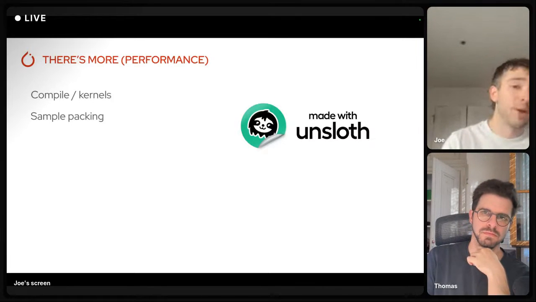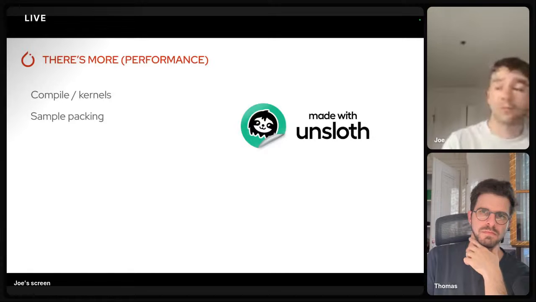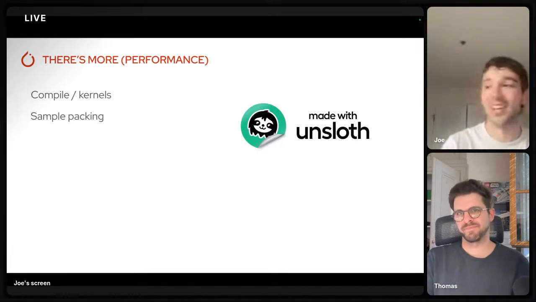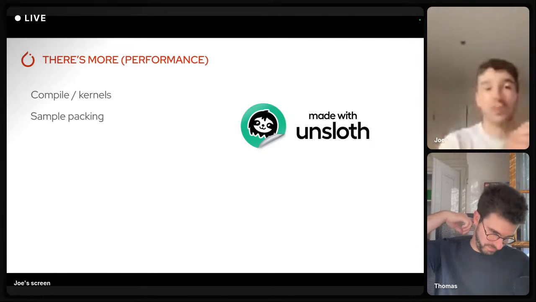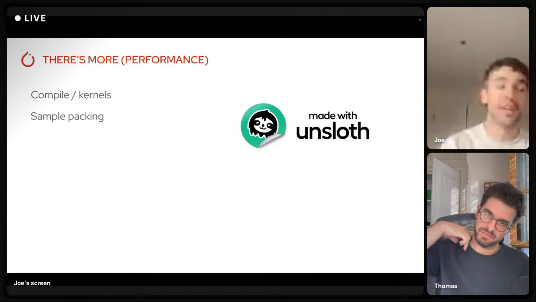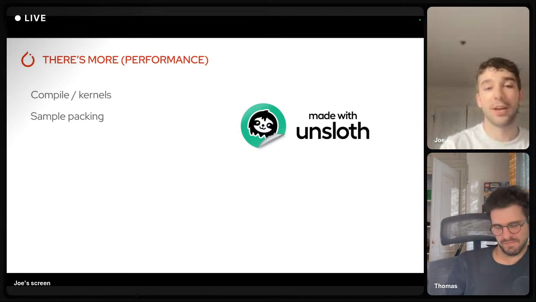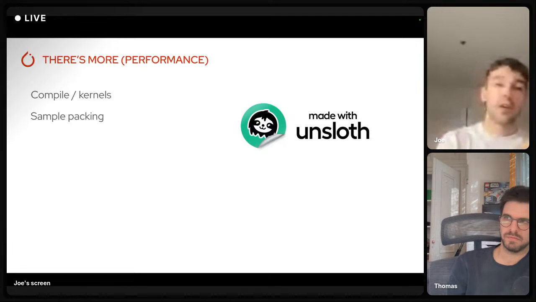Another thing would be sample packing. I wish I had a good diagram here. You can see that at a certain point, my slides get slightly more abstract in this presentation. But with sample packing, the notion is that if we have a max model sequence length of 8,000, but we're using Alpaca, or some of our samples aren't taking up a full 8,000 sequence length, we can fit more samples in.